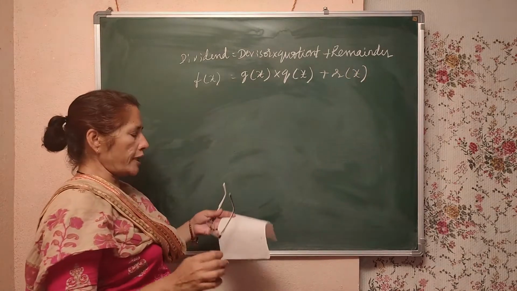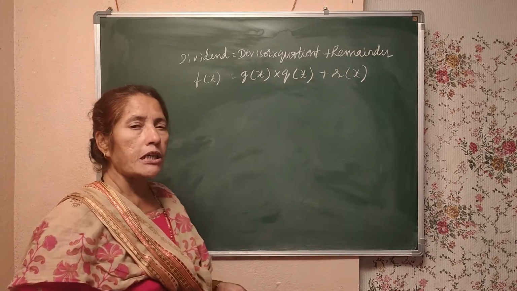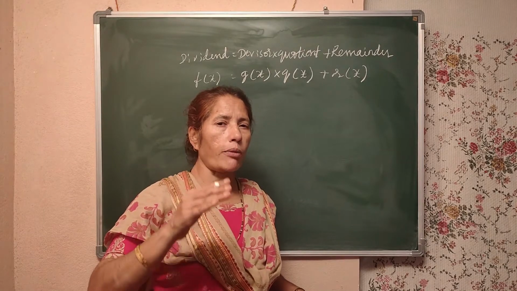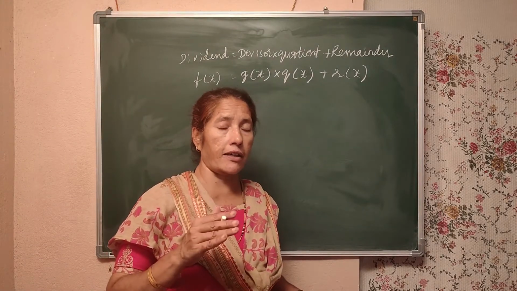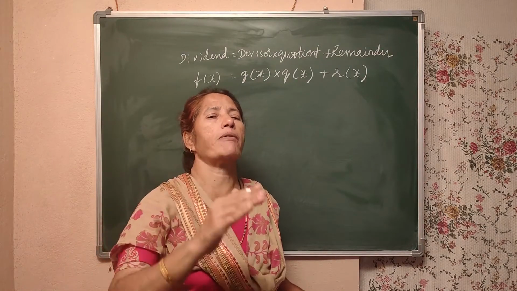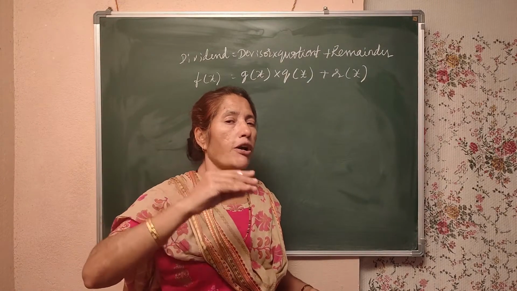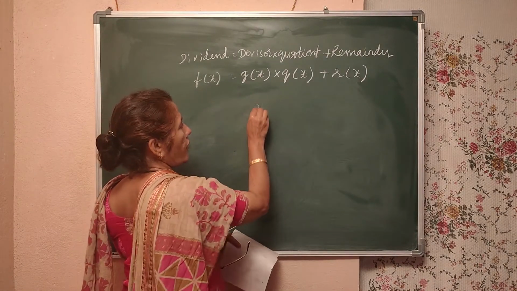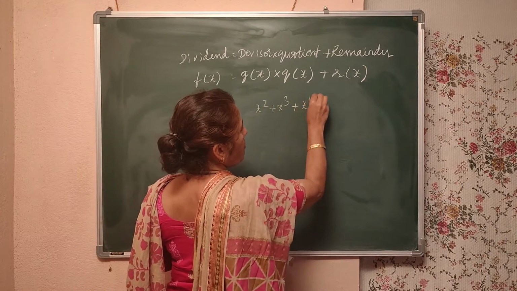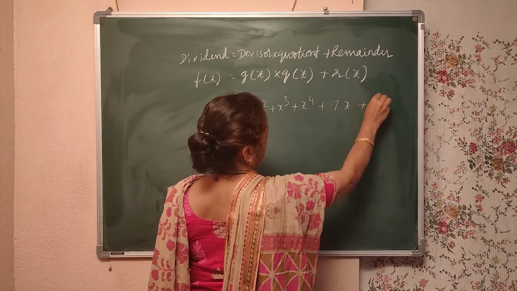In order to divide any polynomial by another polynomial, the first thing you have to remember is, whatever polynomial you are given, you have to arrange it in the descending order of the powers. Suppose they give x square plus x cube plus x to the power of 4 plus 7x plus 5.